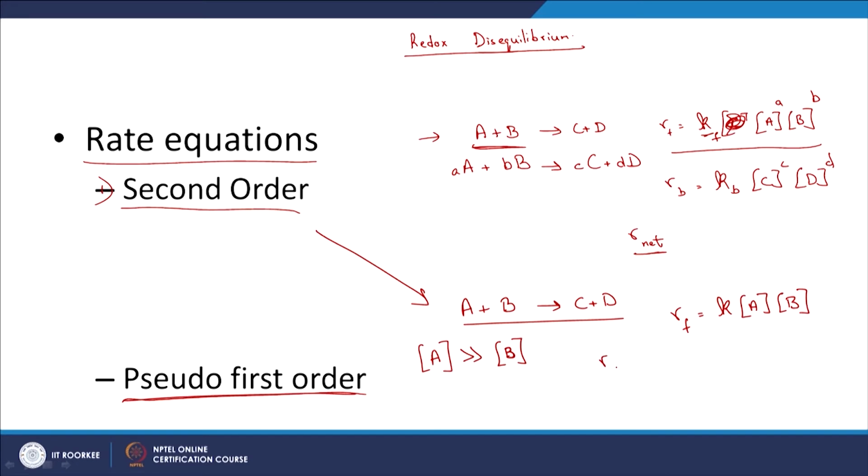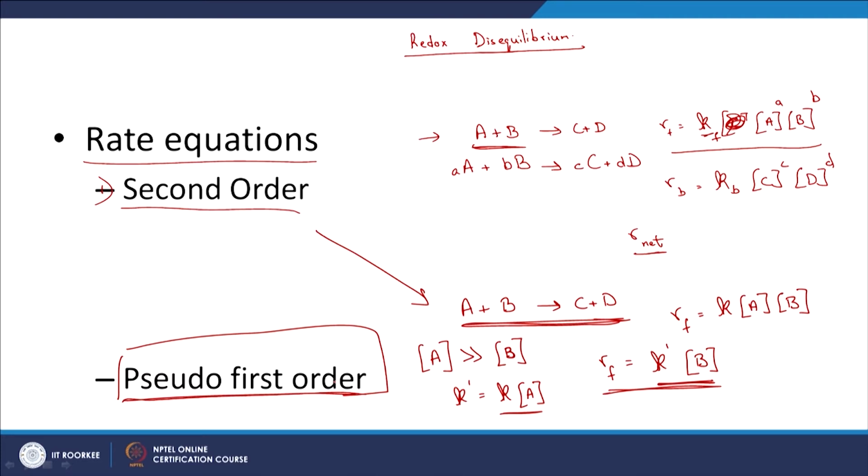Then I can modify the rate of the reaction as K star times the concentration of B. Here, K star is equal to the original rate constant times the concentration of A. If we look at this modified rate equation, we see that it is a first order reaction, but we know that its origins are from a second order reaction, so it behaves like a pseudo first order reaction.